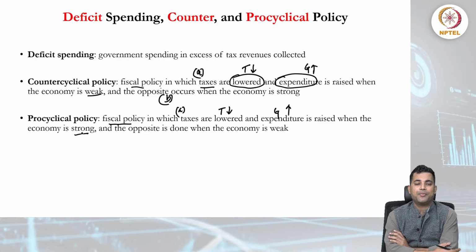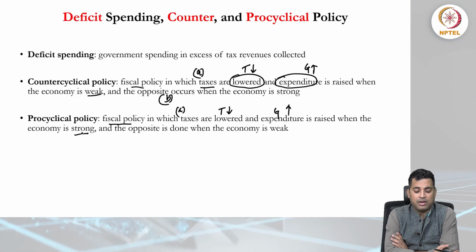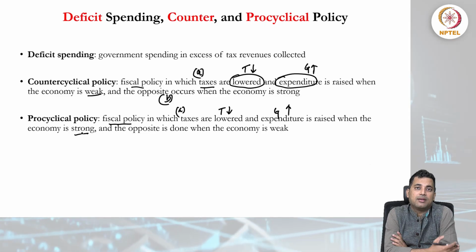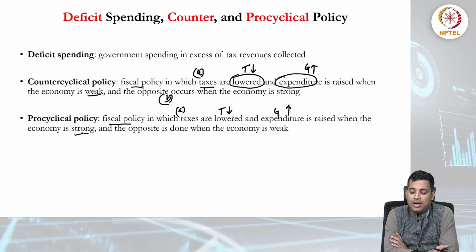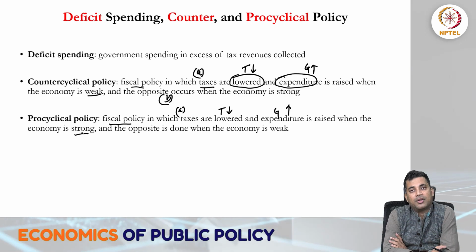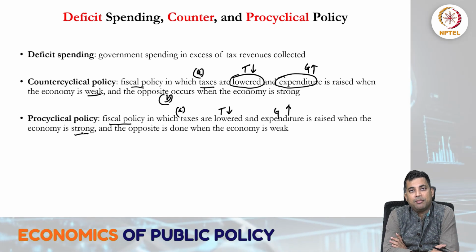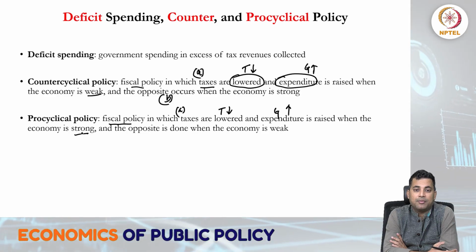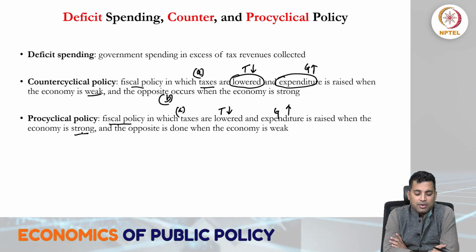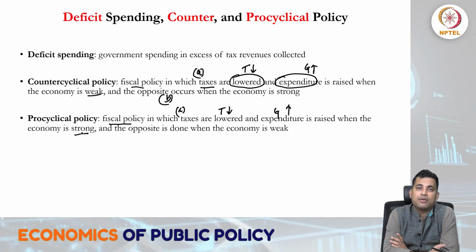In the situation where the economy is weak, tax collection is lower and government expenditure is high, and we can understand that this is to give a push to the economy so that it can be reboosted. Through this, total aggregate demand will be increased.